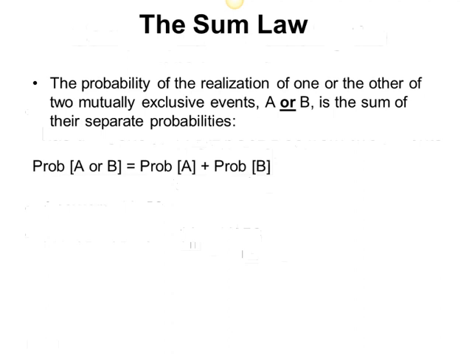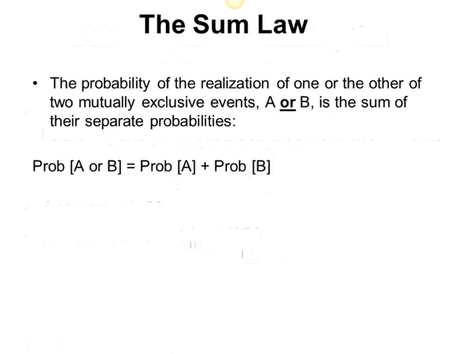So the probability of one or the other of 2 mutually exclusive events, A or B, is the sum of their separate probabilities. So the probability of A or B equals the probability of event A happening plus the probability of event B happening.